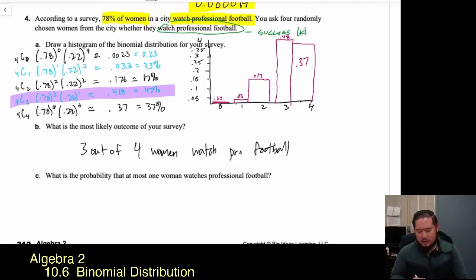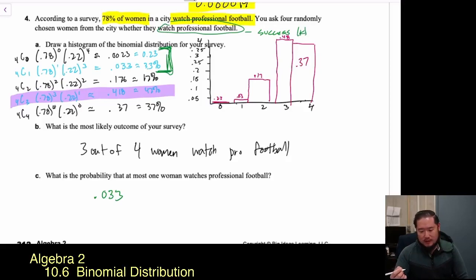And then lastly, what is the probability that at least one woman watches professional football? Remember, at least one. It could be a combination of several different outcomes. It doesn't say that a woman has to watch 4; it says at least 1. So if we look at our original, we have 0.033 because that's one lady.